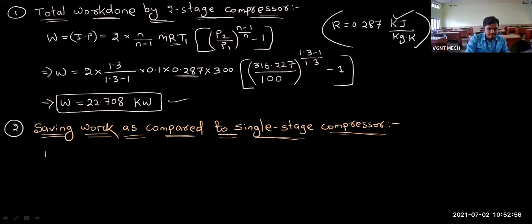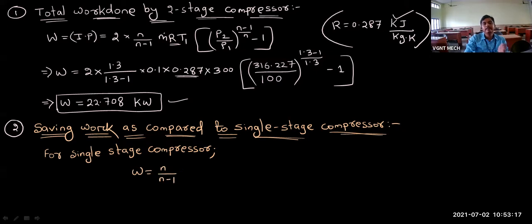So for single stage compressor, we will calculate the work done formula. W equal to n divided by (n minus 1) times m R T1 whole into [(P high pressure divided by low pressure) whole to the power (n minus 1) by n minus 1].